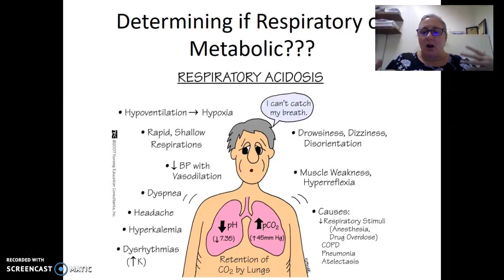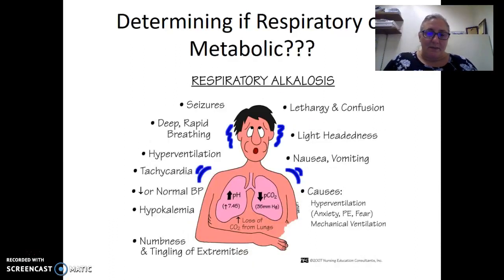Typical causes are COPD causes like your emphysema, pneumonia, stuff like that. There are other causes as well, but those are some of the most common reasons. Here we have respiratory alkalosis. So in this case, our blood carbon dioxide levels are very low. So that's causing our pH to increase. The most common reason for this would be hyperventilation.